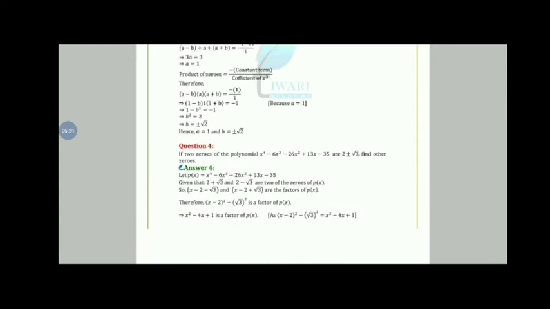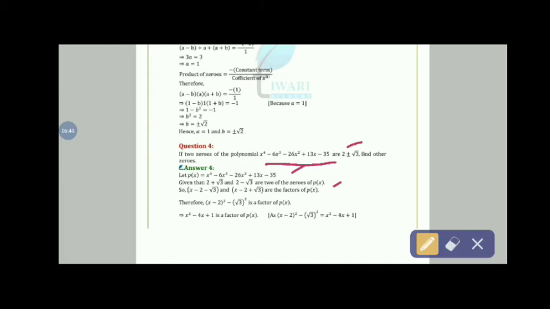Now in question number 4, what is given? If two zeros of the polynomial x raised to power 4 minus 6x cube minus 26x square plus 138x minus 35 are 2 plus minus root 3, find the zeros. These zeros are given. Now we are just trying to convert them into factors, so x minus 2 minus root 3 and x minus 2 plus root 3.